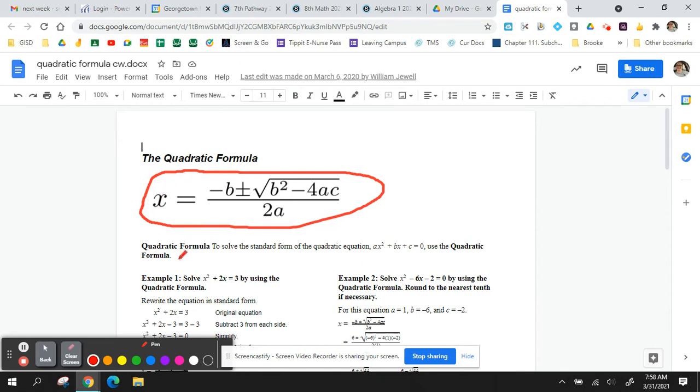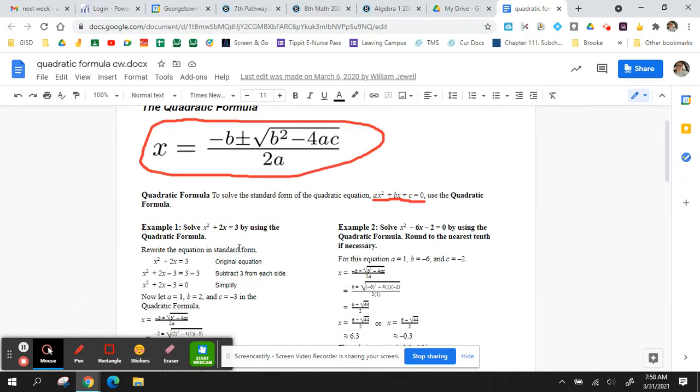So when we go to look at the quadratic formula, we do have to have it in the standard form of ax squared plus bx plus c equal to 0. And we want it in this form because we need to know what our a, our b, and our c are. So if we take a look at our example a little bit further down, it says that we have x squared plus 2x equals 3.